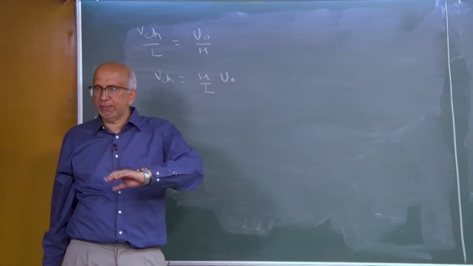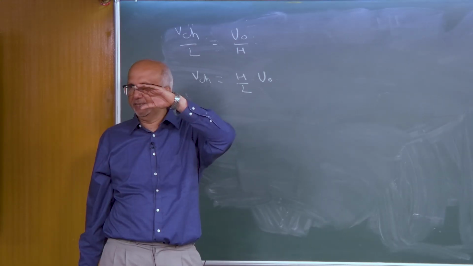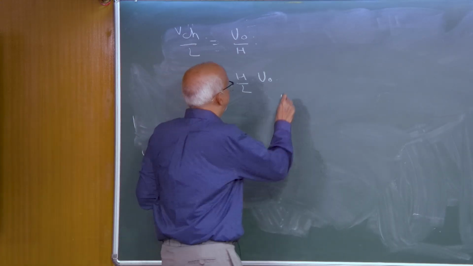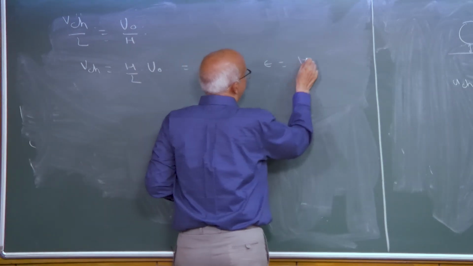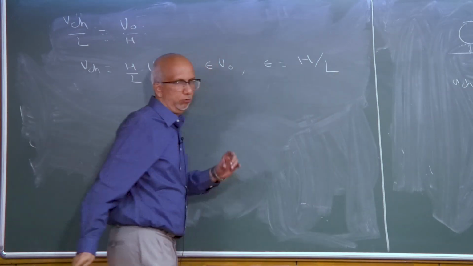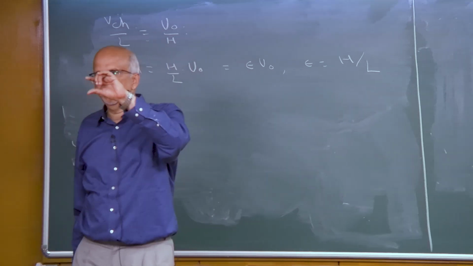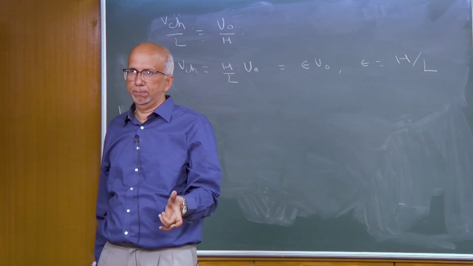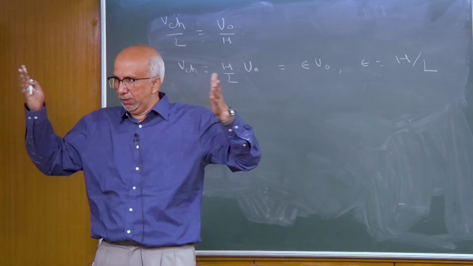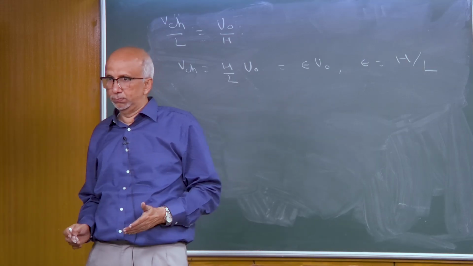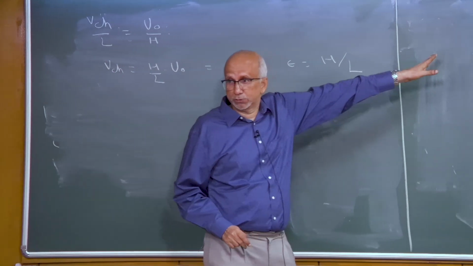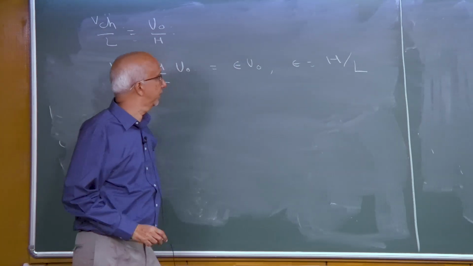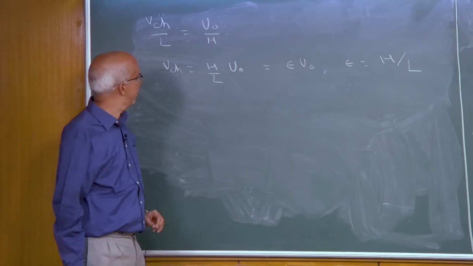So the characteristic velocity in the y direction is epsilon times u naught, where epsilon is h divided by L. I told you the two length scales are completely different, h is very small compared to L. The gap is much smaller compared to the radius of that circle that I drew. I drew both comparable so I could see it properly, but the gap will be very small.